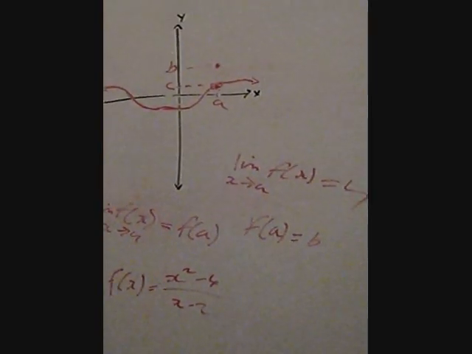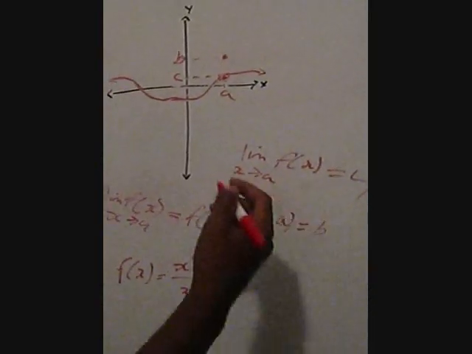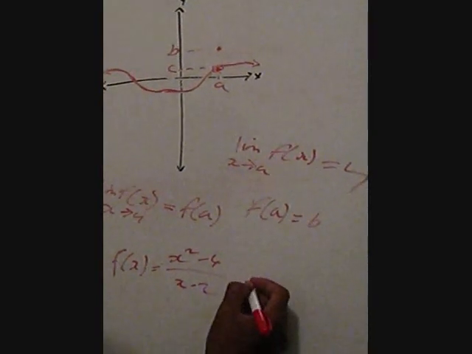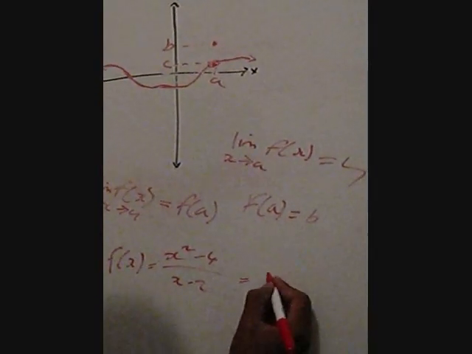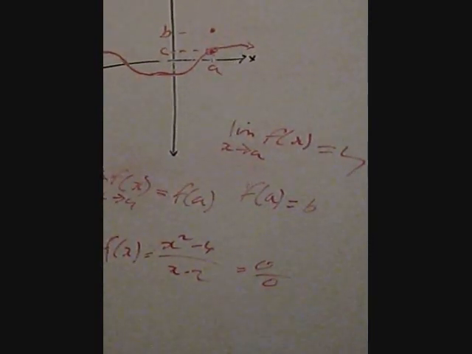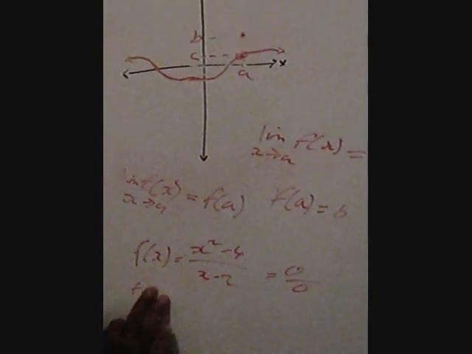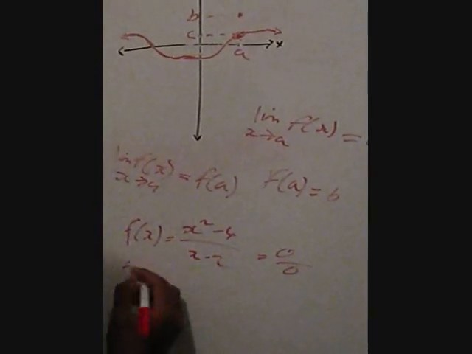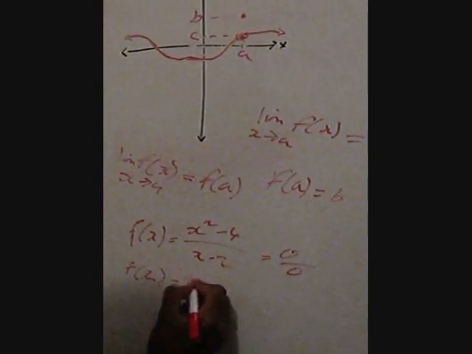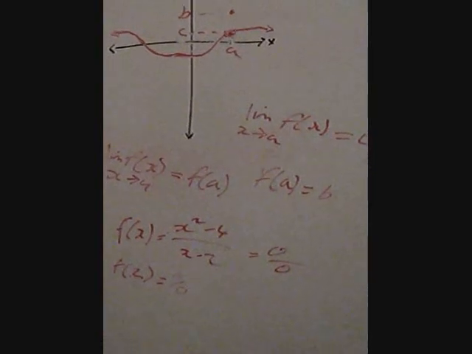In that, when you plug in 2 for this equation, the answer would come out to be 0 over 0, undefined. So f of x, meaning f of 2, the function at 2, would equal 0 over 0. Thus we would have a break in that function.